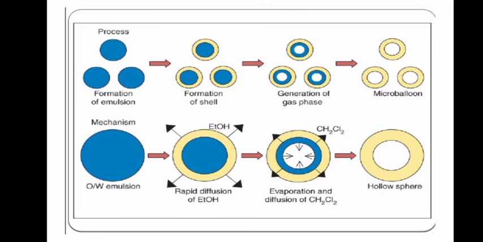Further, there is evaporation and diffusion of dichloromethane, because of which there is hollow space created within the center of the shell, and there is the formation of hollow sphere which is responsible for the buoyancy of the dosage form.